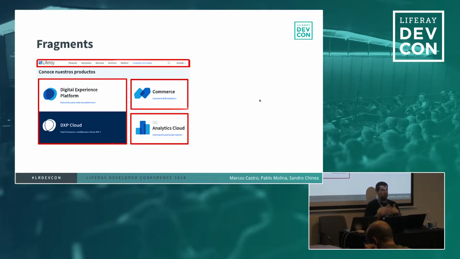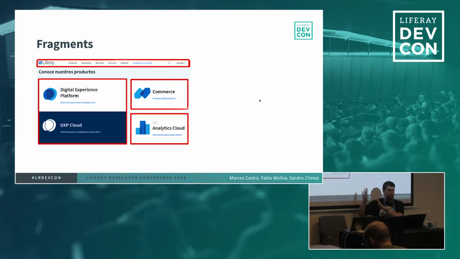But first of all, I want to explain what a fragment is. A fragment is a concept that we identified inside modern site building that is a visual part of a web page. Here we have a screenshot of Liferay Portal, and I want to say this is only for showing you what the concept of fragment is.